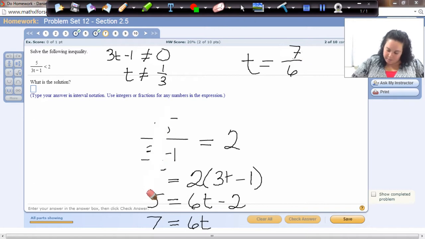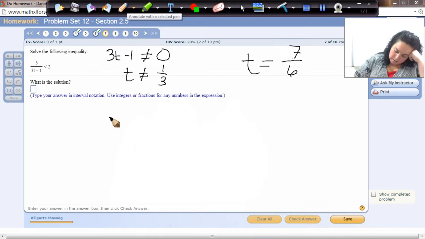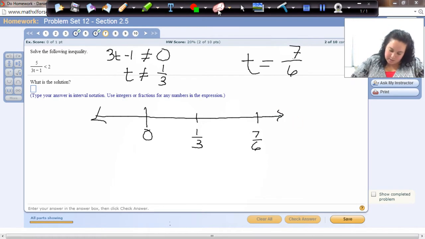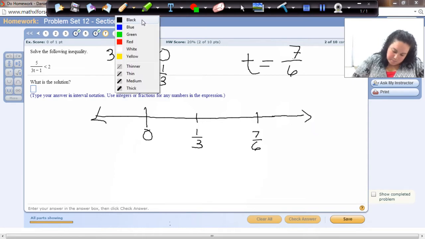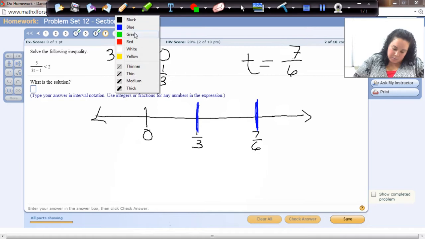All right, so now we have our points. Let's go ahead and draw our number line. So our number line looks like this. We have 0, and then let's say this is 1/3, and 7/6. We have some regions based on this. These boundaries divide our number line into regions.